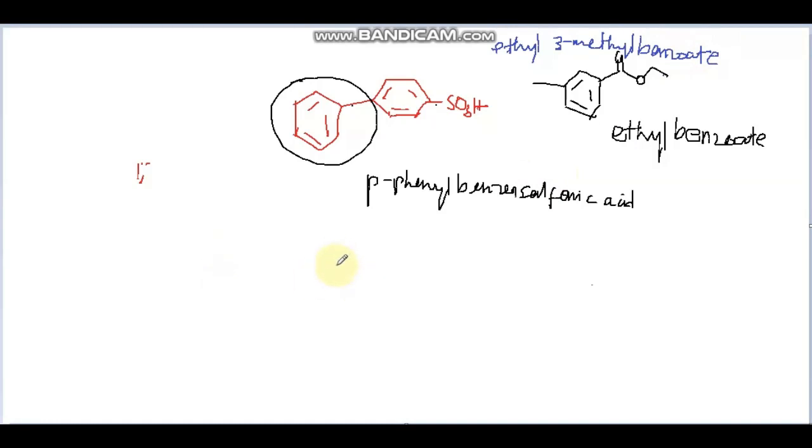Try this one, let me see. So let's say we have this benzene structure on another benzene structure. Now this one is having a carboxylic acid esterified to, let's say, a methyl.